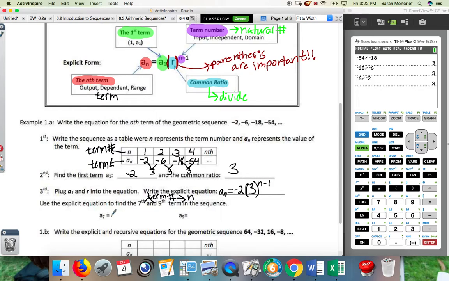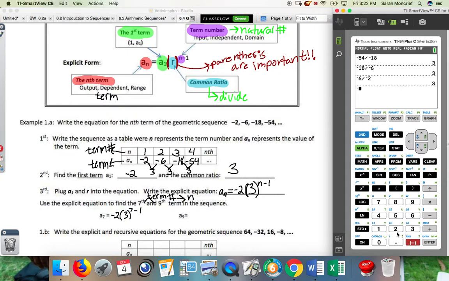So we have -2 because we're using that equation, times 3. And what's my new exponent? 7 minus 1. And don't try to sit there and solve this on your own. Just plug it into a calculator. That's what they're for. So we're going to do -2. What's really important here?